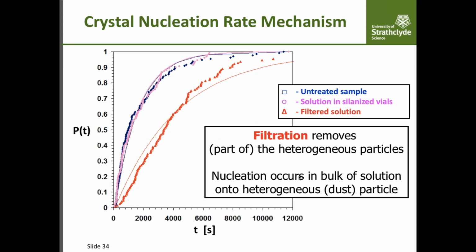So maybe not all particles are removed, but only a fraction of them. So there's still nucleation, but the nucleation rate is decreased. So it tells us something about the nucleation mechanism. We have heterogeneous nucleation.